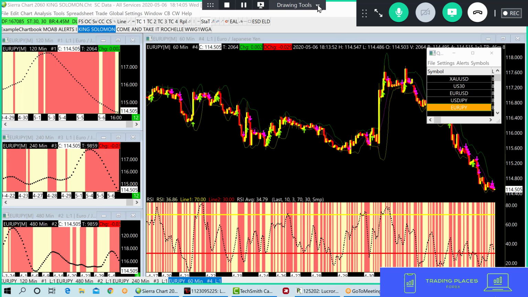Let me just put a highlighter. It's obviously going down. My students all over the planet got signals that it's going down, and I agree with King Solomon. Look at the 120 indicator, look at the 240 and the 480. They're all going down. So this is a good trade.